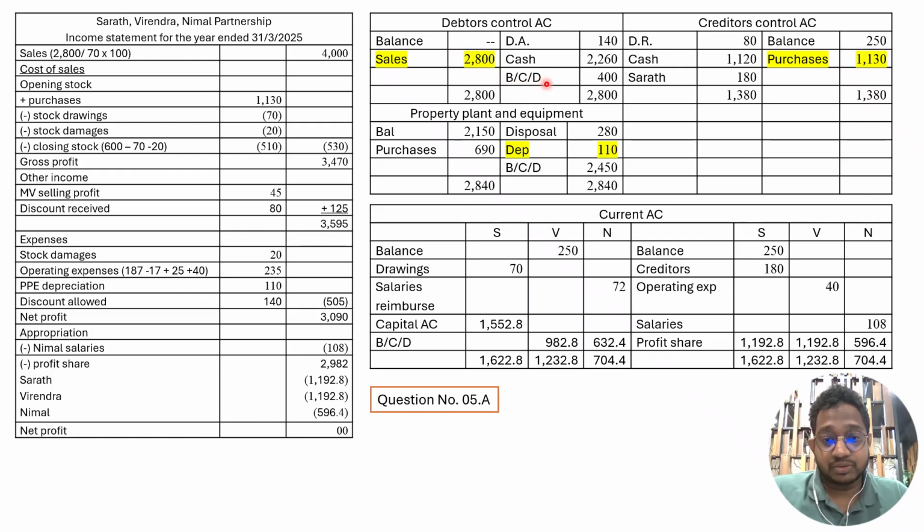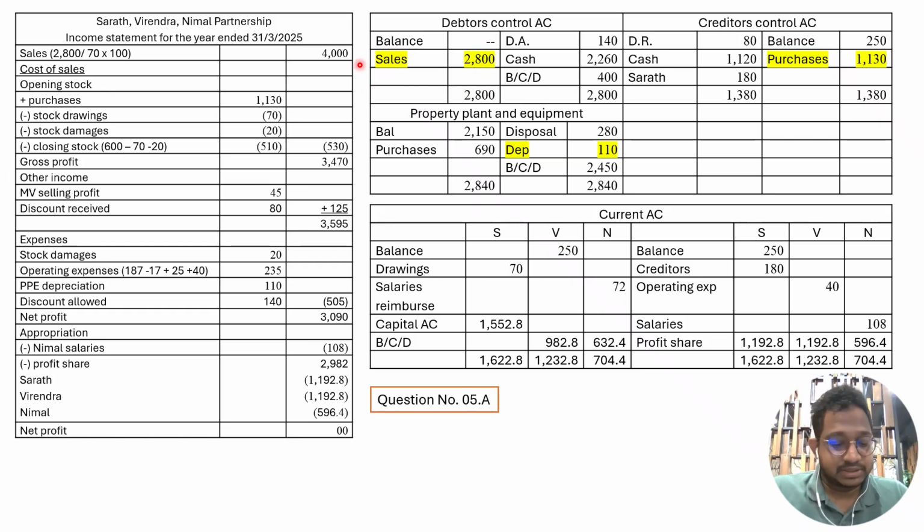So the closing balance should be 400, and the cash collected is 2,260 after allowing discount allowed. And darling, that discount allowed is an expense for you, so you should mention it under expenses. Then from that you can find out the credit sales, and this 2,800 is equal to 70%, which means your total sales is 4,000.